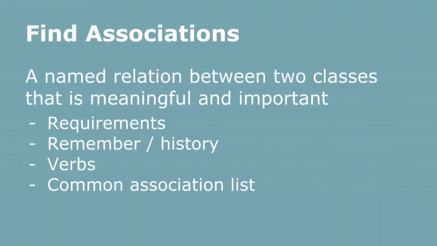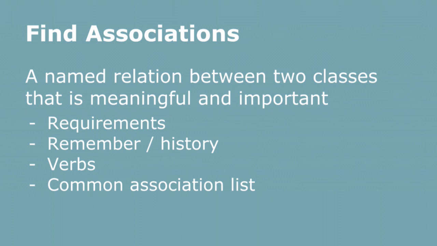Next step, when you have a bunch of classes, you need to find relations between them. And again, relations that support the requirements. You can have a starting point by looking at verbs, for example, in the requirement text or in the problem text. But just as with using all the nouns, we need to remove some.